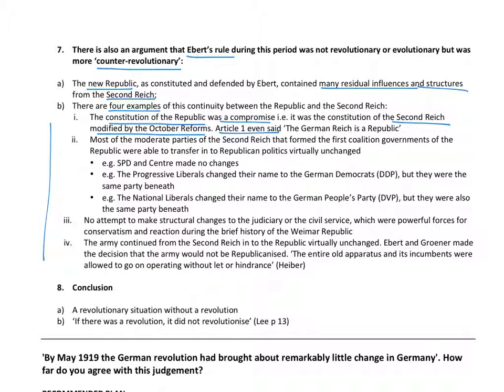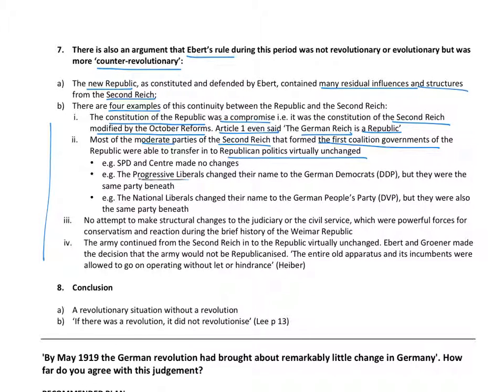Article 1, for example, even said the German Reich is a republic, which is very telling. Most of the moderate parties of the Kaiserreich that formed the very first coalition government of the new Weimar Republic were pretty much transferred into the Republic unchanged. They simply changed their names, if anything.